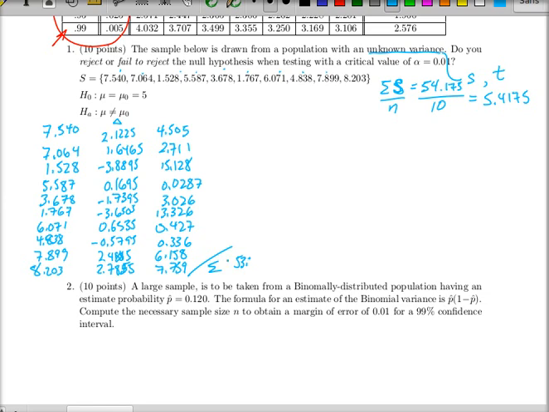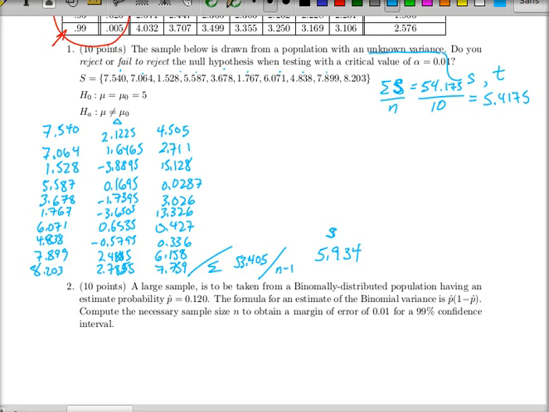Oh no, that's not right. Yeah, that is right. 53.405. And then we're going to divide that by n minus 1. Divided by 9 equals 5.934. That's my little s value.